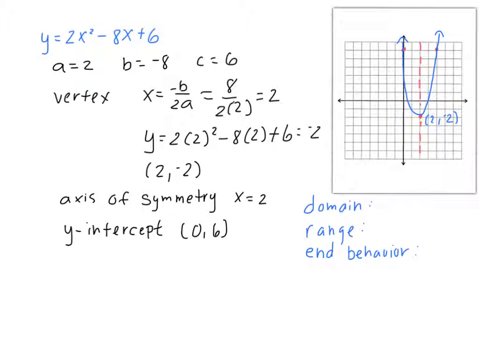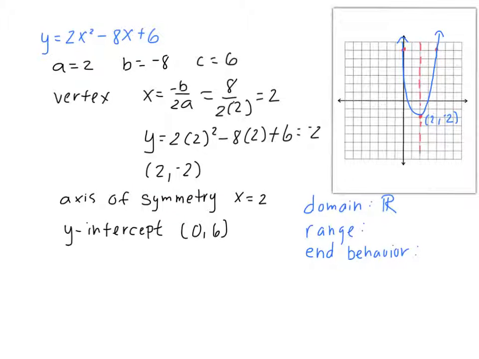You can see that this parabola is getting wider as we move to the left and as we move to the right. So the domain is going to be the set of all real numbers. The range is controlled by the vertex. All the y values in this graph are greater than the y value of the vertex, which is -2.